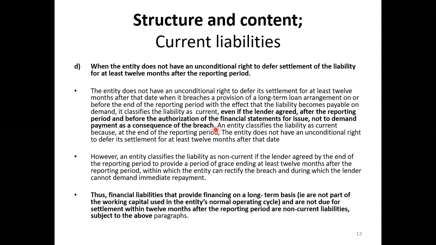In that case, the later period they have agreed, but we have to pay attention, especially to what date the supplier or the creditor agrees to postpone the payment. So we have to check whether the agreement date is before or after the reporting period.